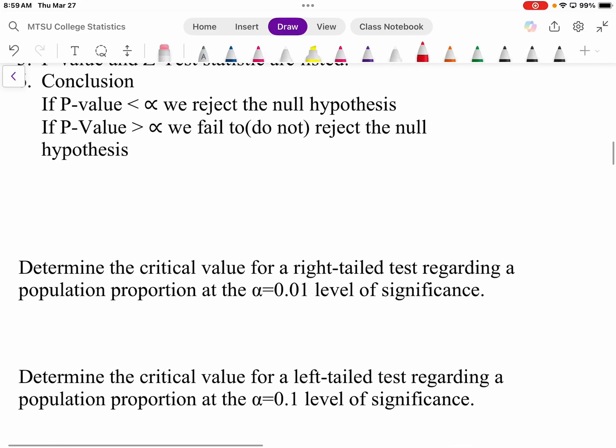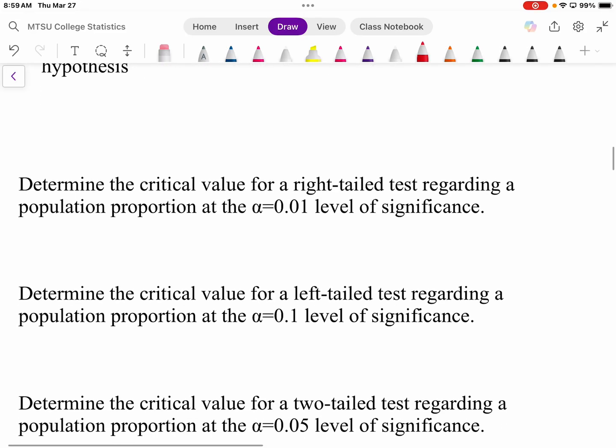So now here I just have, as we have a couple problems on your homework, focused on trying to find the critical values for a right-tailed test regarding a population proportion at an alpha of 1% significance level. As we do this, we would say, all right, I want to do an inverse norm.